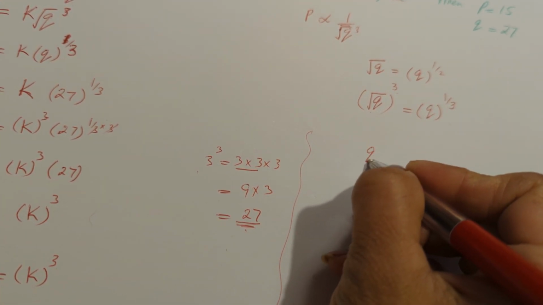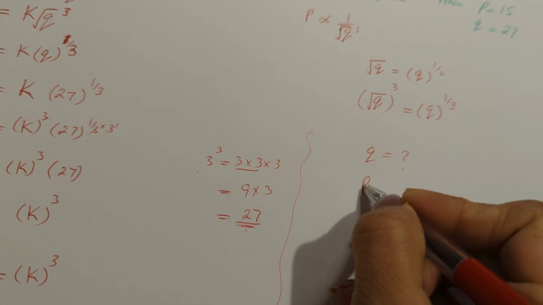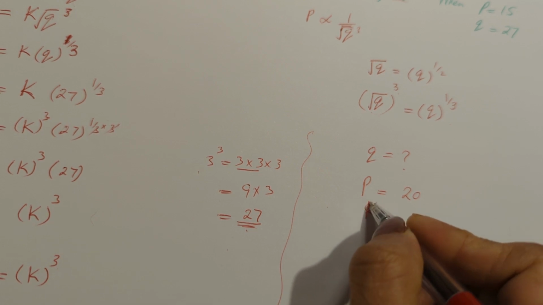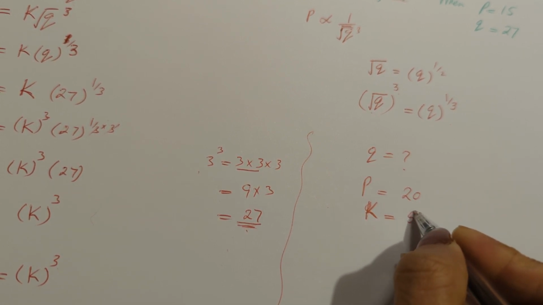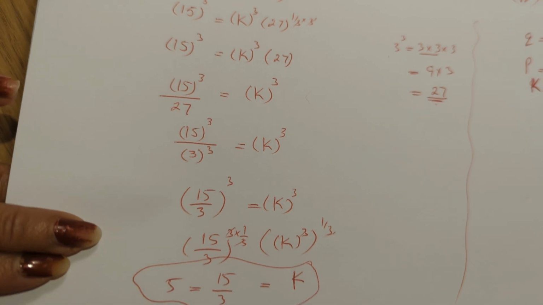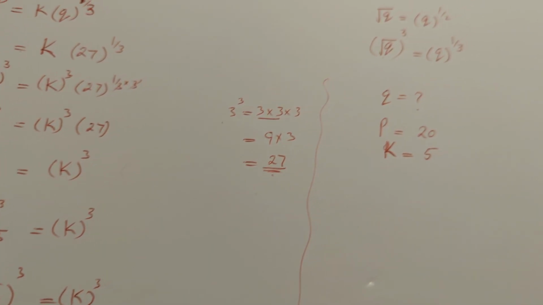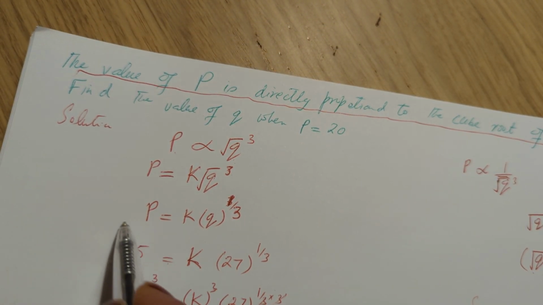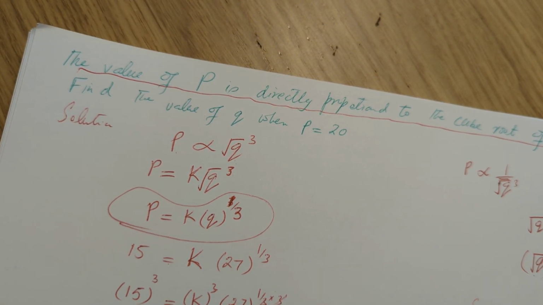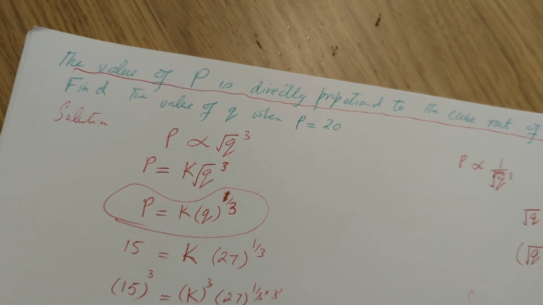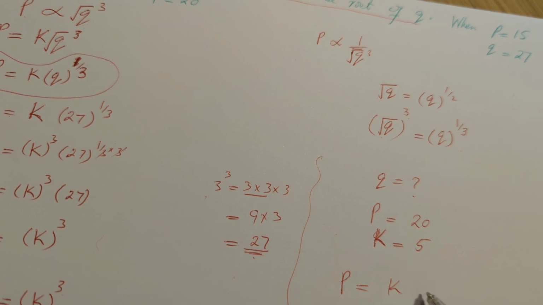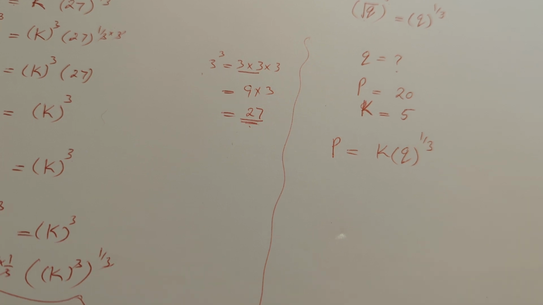So I will write Q is equal to question mark, P value is equal to 20 as given. Constant of proportionality value I have found in the previous step, which is equal to 5. So I am going to use these values in the given expression. The given expression was this. So P is equal to K Q power 1 by 3, right?